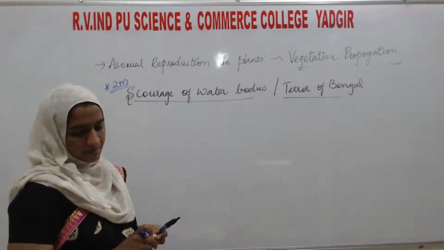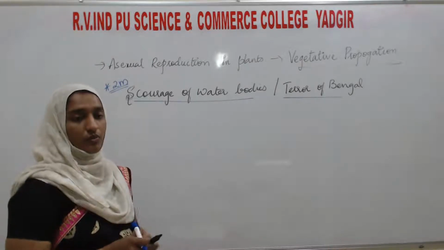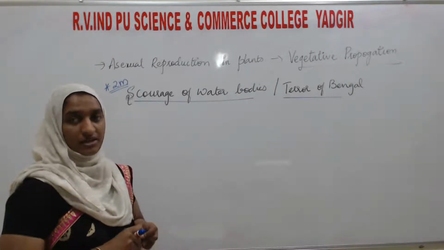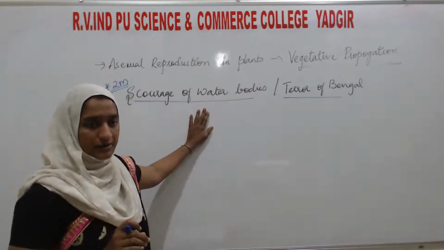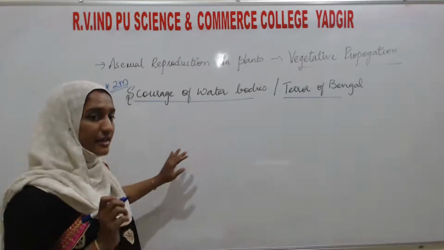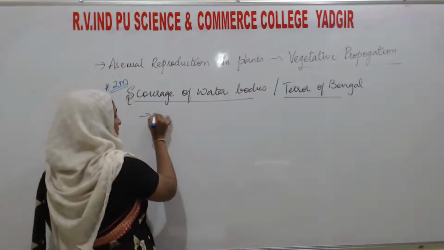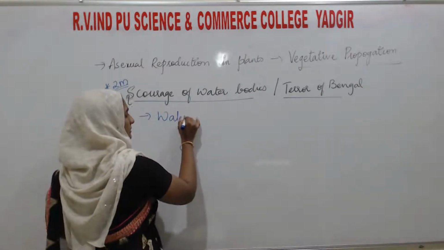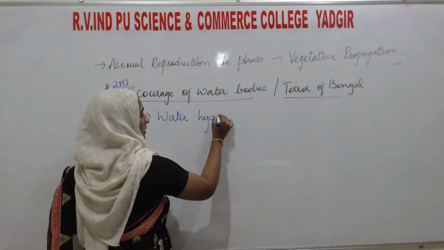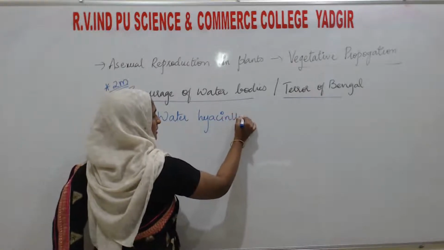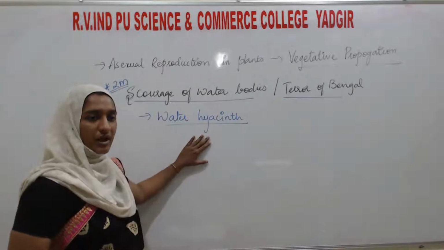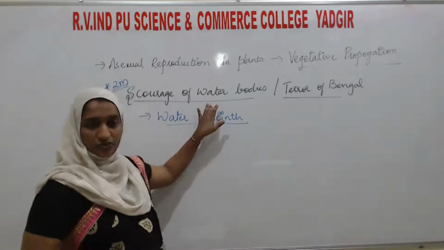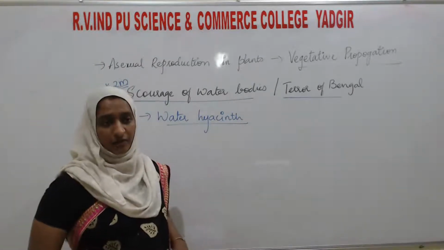This is nothing but one of the aquatic plants. Terror of Bengal is the name of a plant. The name of that plant is the water hyacinth. It is also known as the scourge of water bodies or Terror of Bengal.